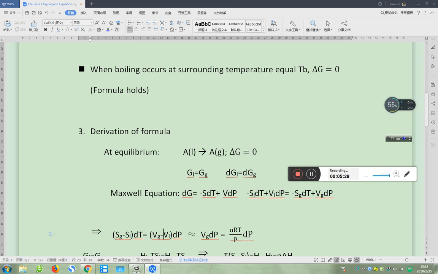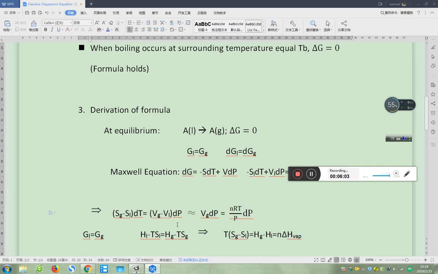Therefore, we can neglect the volume of the liquid compared to the volume of the gas, so the volume of the liquid can be treated as 0. The right-hand side is approximately the volume of the gas times dP. Now we apply the ideal gas equation, so the volume of gas equals nRT over P, multiplied by dP. So we have successfully processed the right-hand side expression.